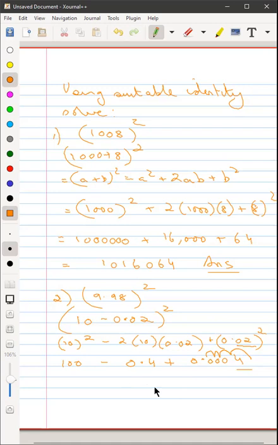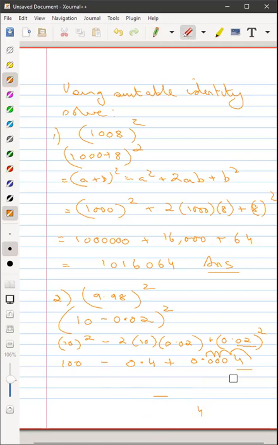For example, 0.08, the whole thing square. What do we do? What's 8 squared? 64. Yes, sir. 64. And we need 0.08 squared, so that we'll get 4 decimal places. So what do we do? 1, 2, 3, 4. So we put a decimal here and we get 0.0064. Okay, so it's very simple to multiply decimals.